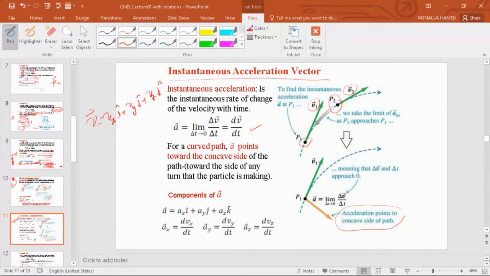If you want to take the derivative with respect to t of this, then you're going to have for ax, dvx by dt, ay, this arrow here should not be there, I apologize for that, dvy by dt and dvz by dt. And the a here will be ax i hat plus ay j hat plus az k hat.